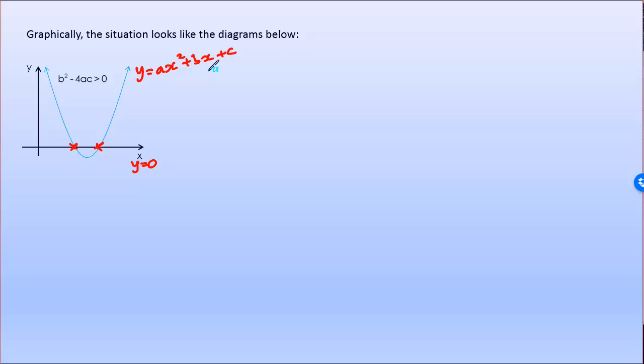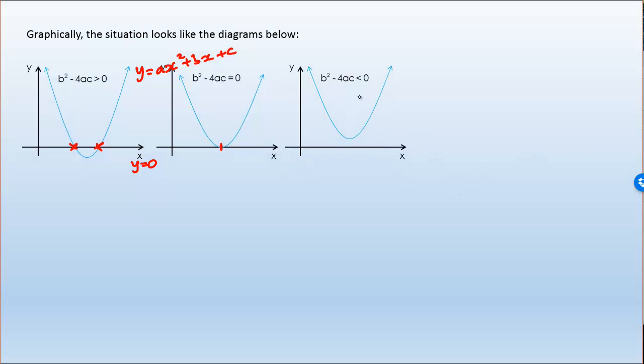So ax squared plus bx plus c equals 0 gives us the points where this crosses the axis. If we have the situation where the discriminant is equal to 0, we only get the one point, so it just touches at that point. When b squared minus 4ac is less than 0, this is where we get complex roots, and note the curve doesn't cut the x-axis at all.